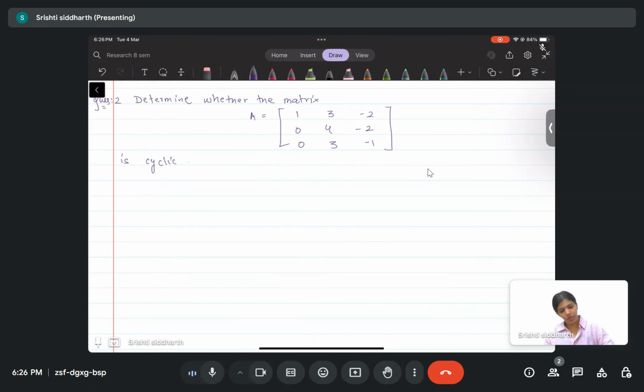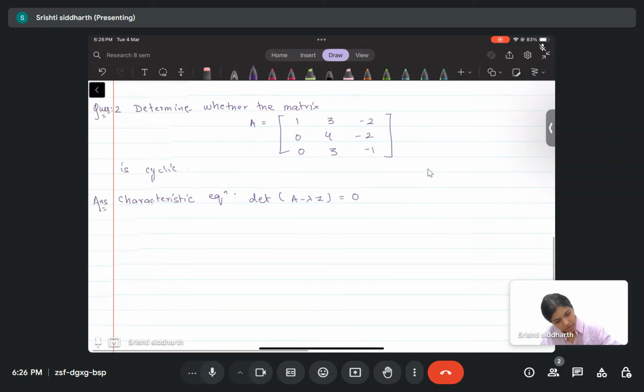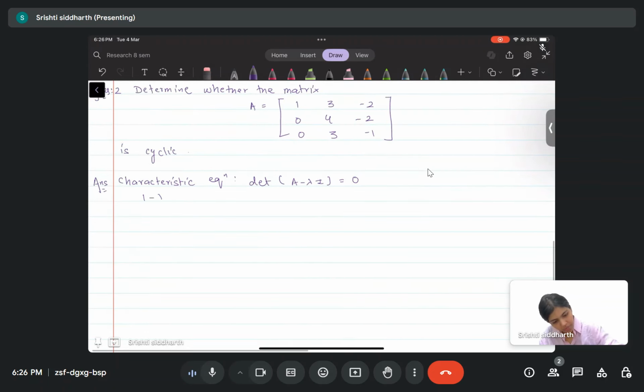Again, let's find out the characteristic polynomial first, so we can compute the eigenvalues. This is the determinant of 1 minus lambda, 1 minus lambda, minus 1 minus lambda.